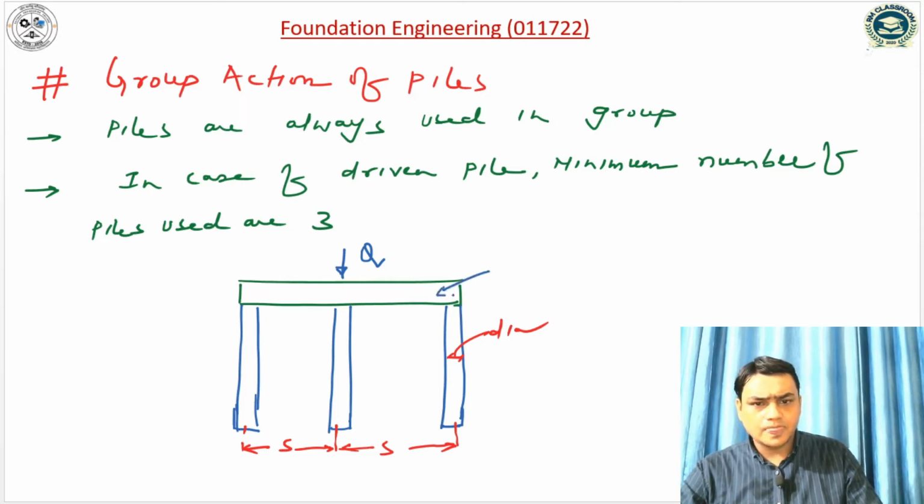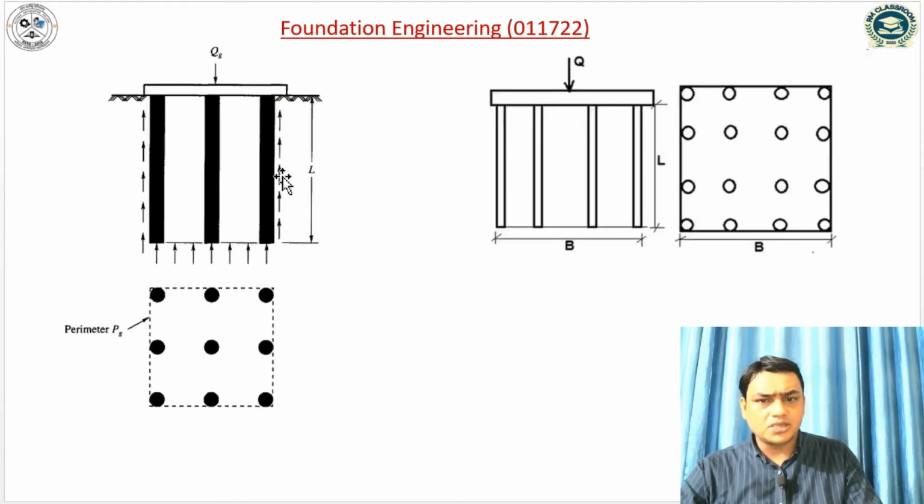This is called the pile cap, and piles are arranged in such a way that the center to center spacing is S. According to IS code, the minimum spacing is taken as 2.5 times the diameter of the pile for end bearing piles or point bearing piles, 3 times the diameter of the pile in case of frictional piles, and for loose deposits the minimum spacing is taken as 2 times the diameter of the pile. So this is the arrangement of a pile group.